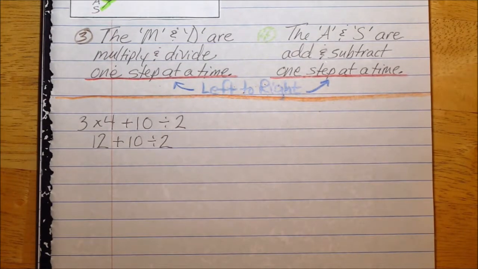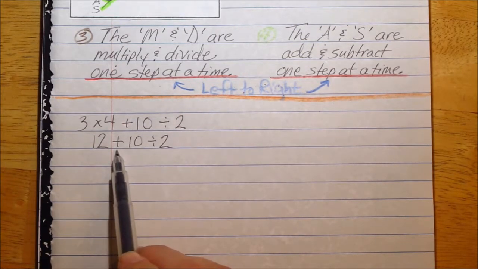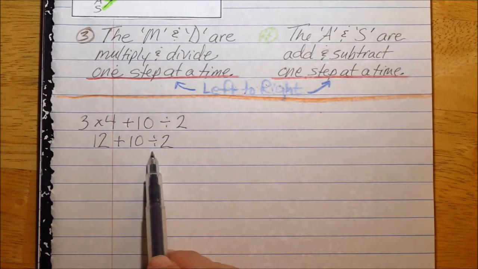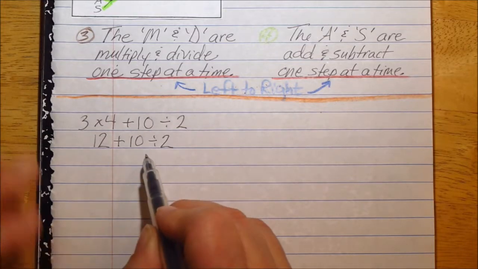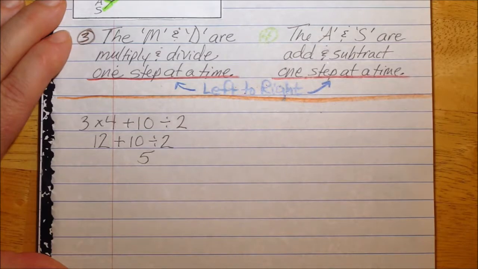I have to do any multiplying and dividing before I can do adding and subtracting, working left to right. So working left to right, I come to the first operation, that's addition. I can't do this one because I can see my next one is a division operation, and division must happen before any adding or subtracting. So I have to work out this division operation, which is 10 divided by 2. That is 5, so I write that down there.